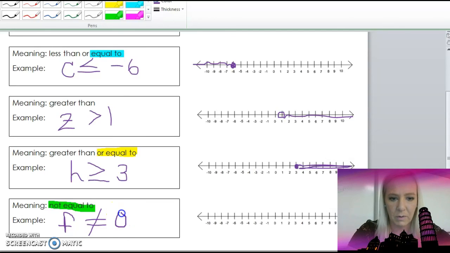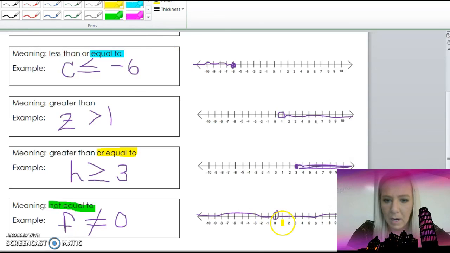Let's just use 0. So the letter F can be every single number but 0. So because of that, I need an open dot at 0, and I'm going to shade in both directions because F can be every single number but 0.